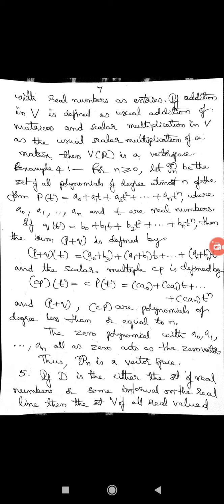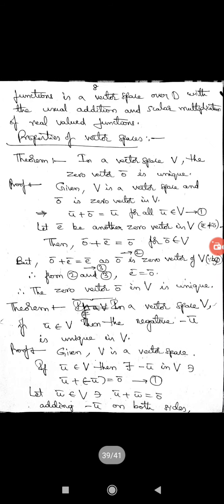Then the set V of all real valued functions is a vector space over D with the usual addition and scalar multiplication of real valued functions. So these are the 5 examples that we can give of a vector space.